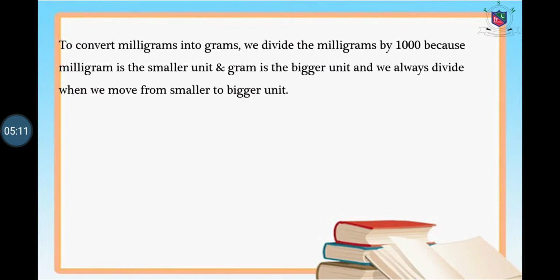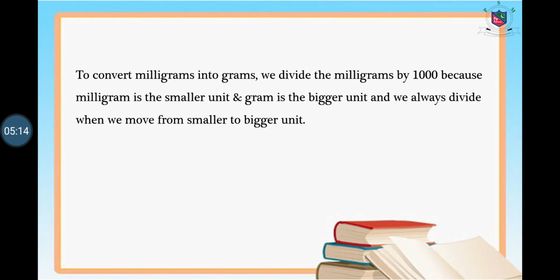So dear students, let's have a look at what are the points that we had studied today. So we have studied that to convert the milligrams into grams, we divide the milligrams by 1000 because milligram is the smaller unit and gram is the bigger unit. And we always divide when we move from smaller to bigger unit. For example, if we have 75 milligrams and we have to convert it into grams, we have to divide it by 1000.